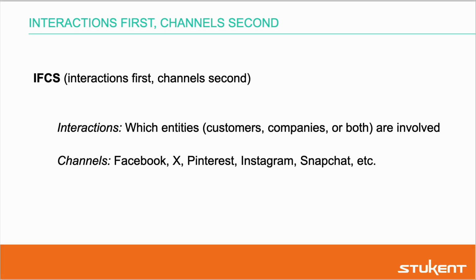Maybe, but I would think Instagram and TikTok and Pinterest would be better for a fashion brand, don't you? So you've got to think about who your customers are, what age range, their demographics, and where they're located. But you also have to think about where your consumers are hanging out. And that's how you choose the channels. And remember, interactions first and channels second.